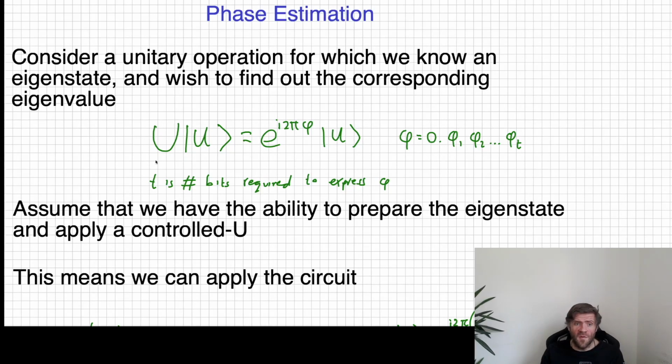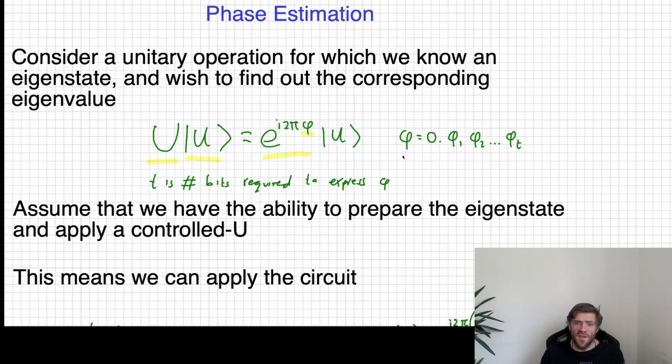This is where we have a unitary that we are able to apply, and we know that it has eigenstates, because of course it has eigenstates. Unitaries have eigenstates, and those eigenstates have eigenvalues, which, because it's a unitary, can be expressed as a complex exponential with some phase. Here we're writing it as e to the i 2 pi times some phase.